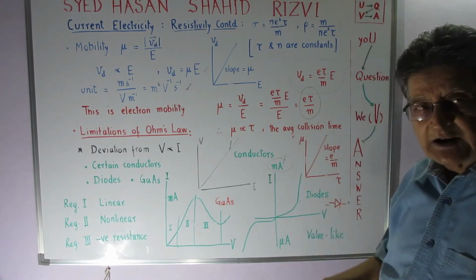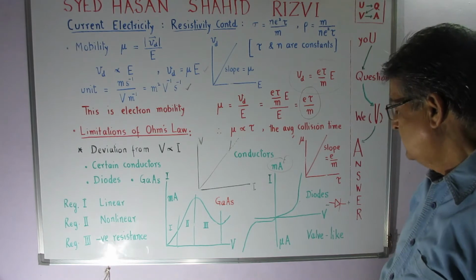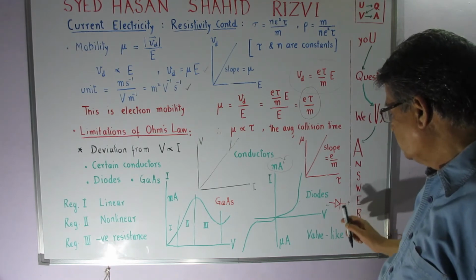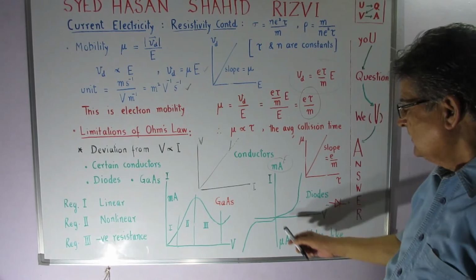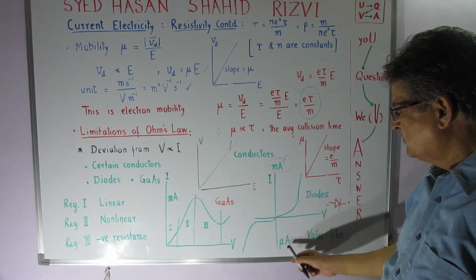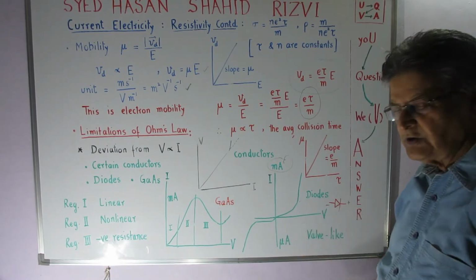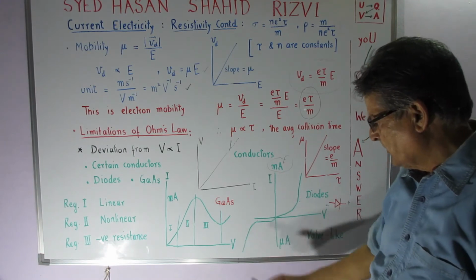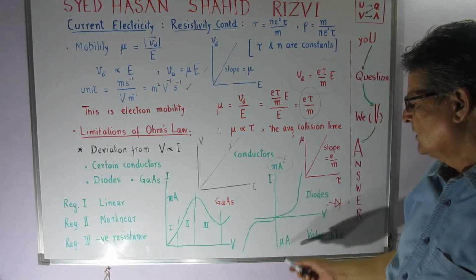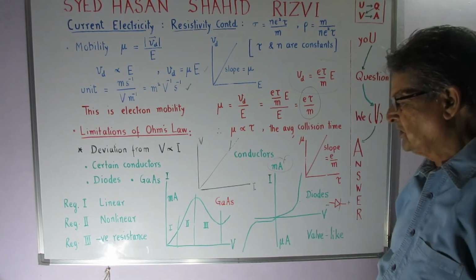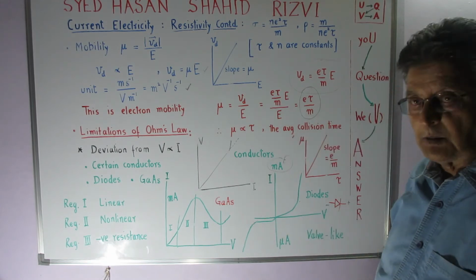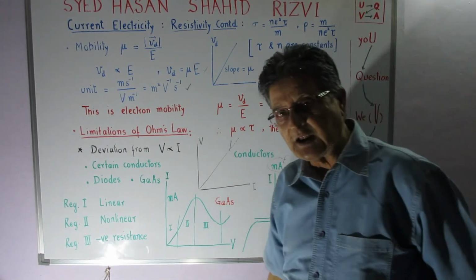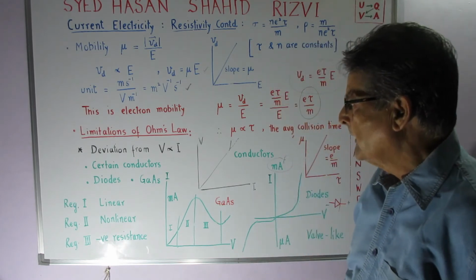In the reverse direction, when this side is made positive and this side negative, there is a very, very small current, microamperes or nanoamperes. And then, of course, there is a breakdown and the value of the current increases. There will be occasion to talk about these devices in detail later on.